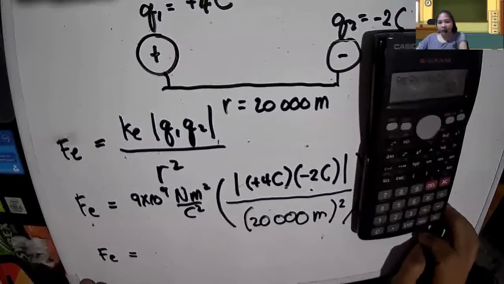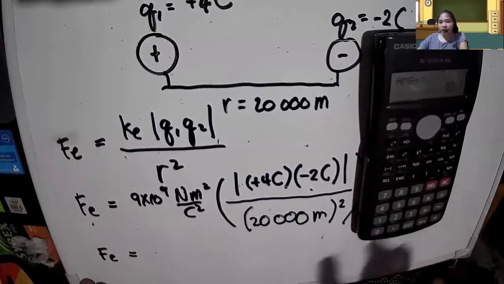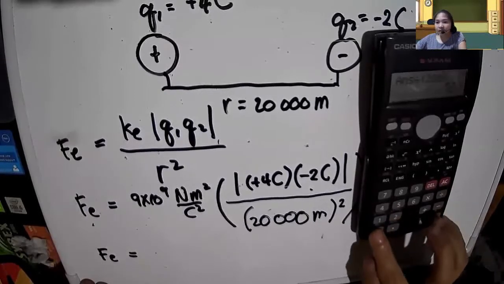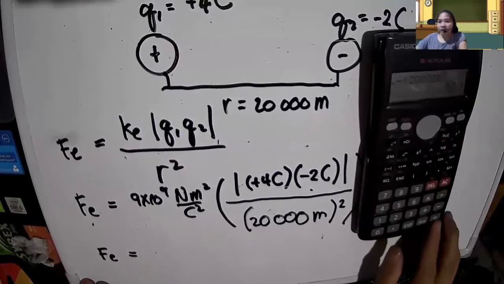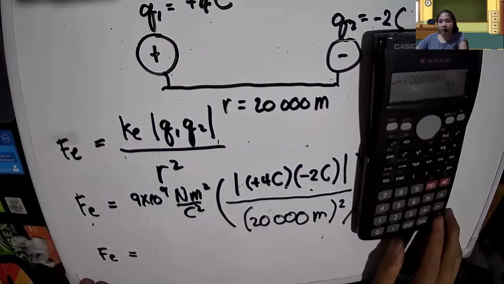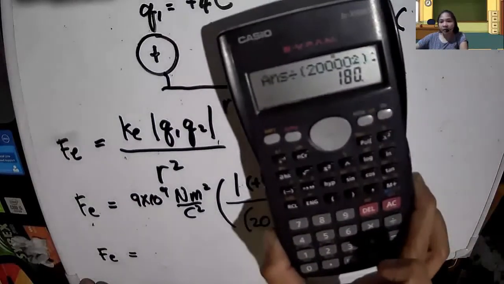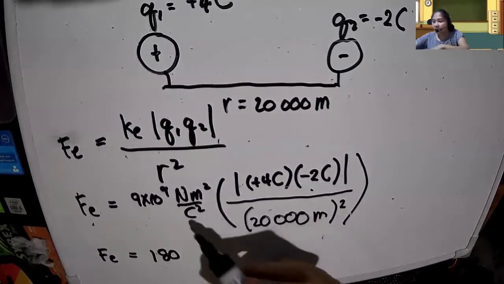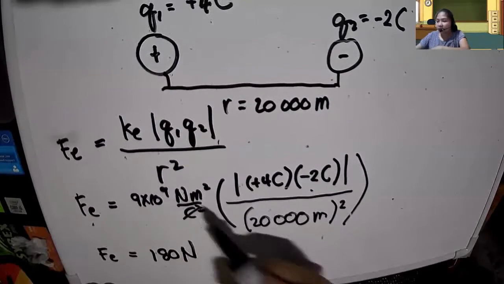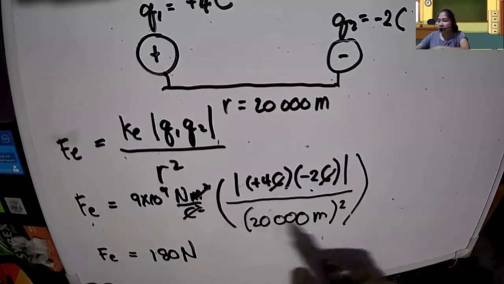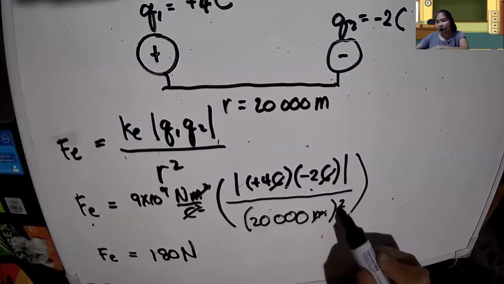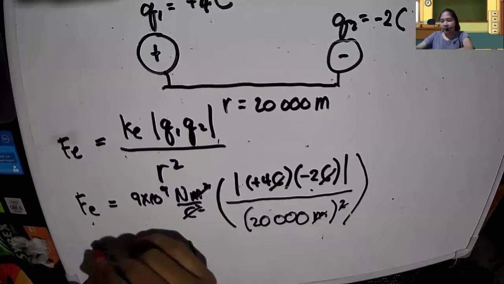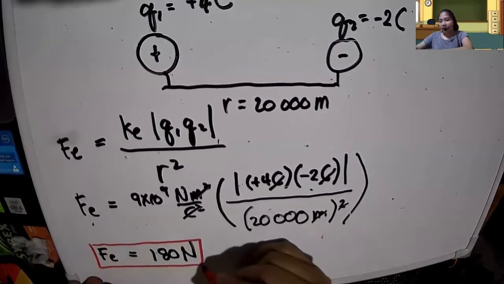We divide it by the square of the distance, 20,000 squared. And so our answer is 180. The unit should be Newton because we can cancel the Coulomb squared and the meter squared. So the final answer for the electrostatic force is 180 Newton.